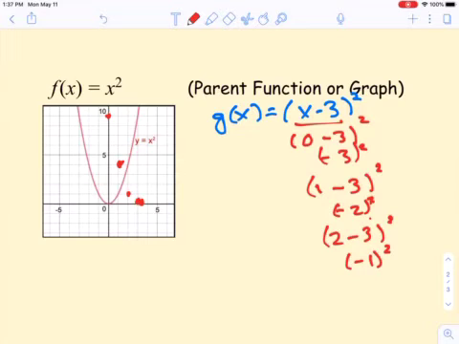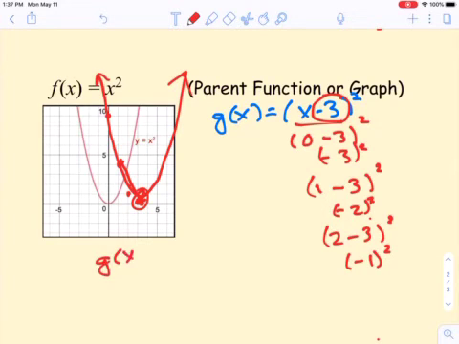I don't know if you're seeing this, but basically our parabola has just shifted over. I apologize, I'm using a homemade stylus that does weird things. We've got a parabola that, if I continue to plot it, is going to move that way. And basically my vertex shifted over to the right 3 units. What's hard about this is that, because it's x minus 3 squared, I wanted to think that means I'd go over to negative 3 for my x.